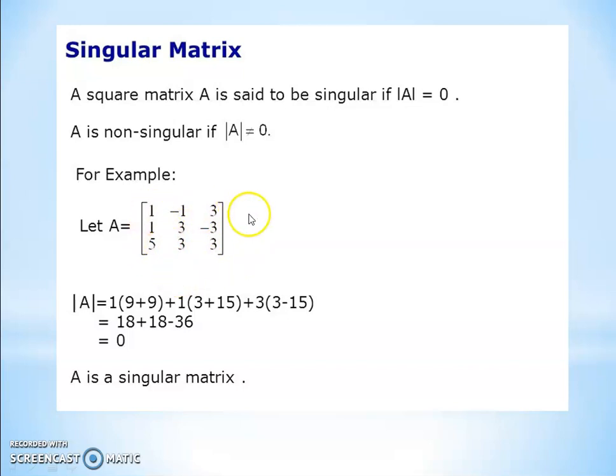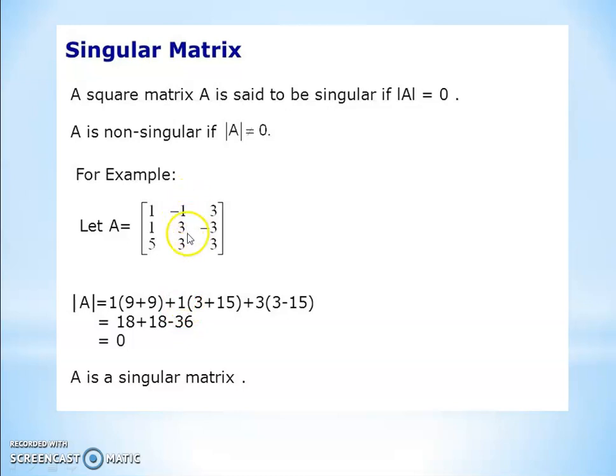Here we expand along the first row. First row, first column we skip; 1 is the element, so we write 1. 3 into 3, 9; the middle is minus, but 3 into 3 minus 9, minus minus becomes plus 9. The second element is always negative, but here minus is already given, so minus minus is plus 1.